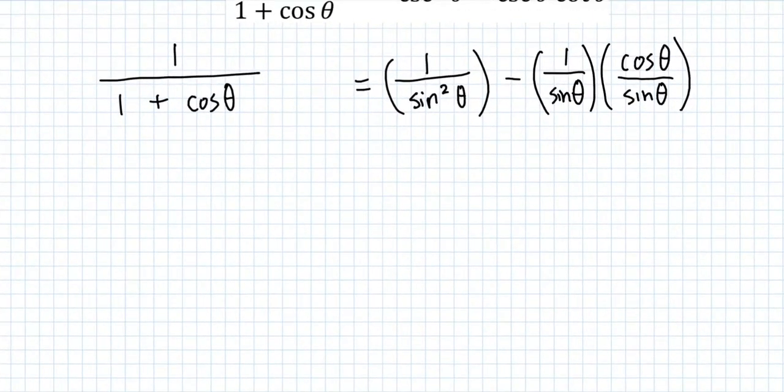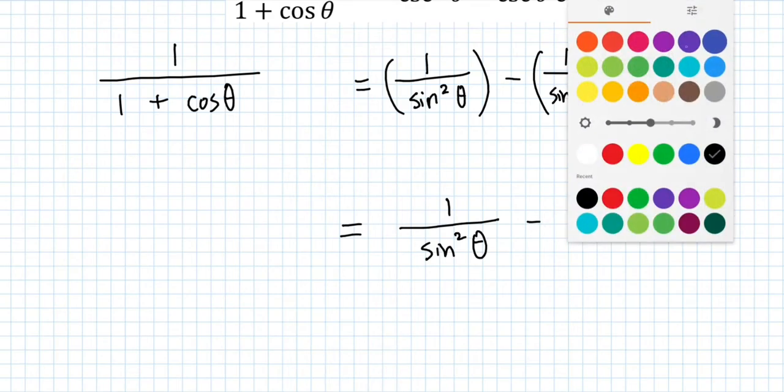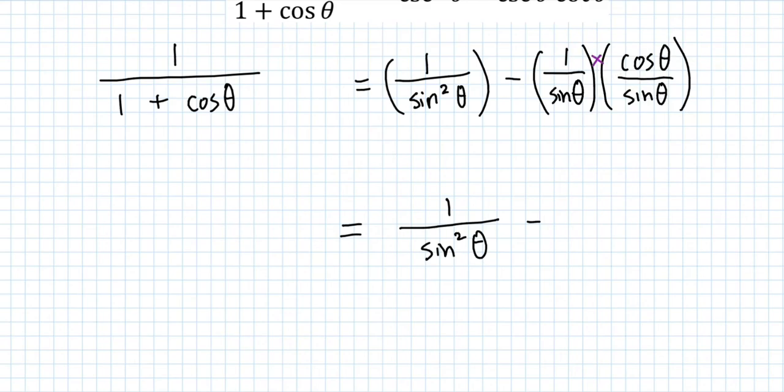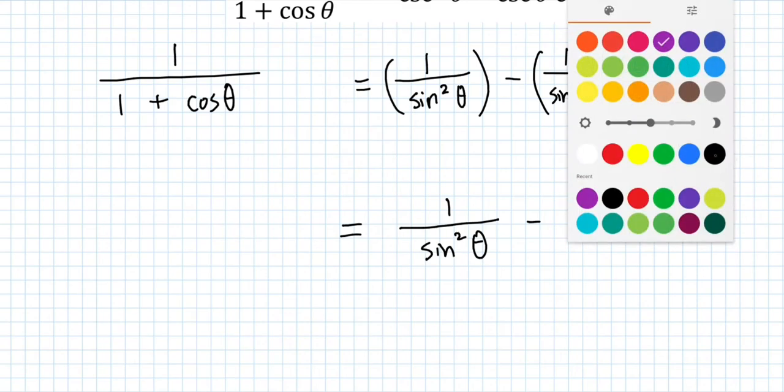We now have everything in cos and sine, so we can start to simplify a little bit. Left side we're not going to touch right now. On the right side we're going to have 1 over sine squared theta minus, now we multiply the numerators and we'll multiply the denominators.